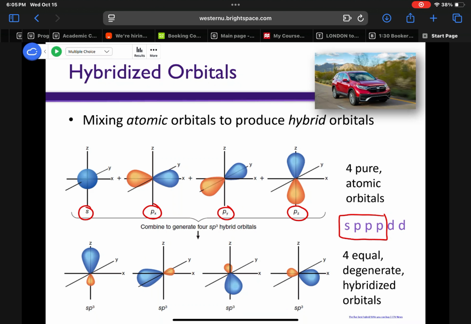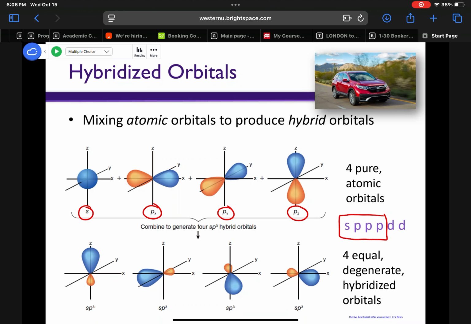They're all the same, and we know that regions of electron density try to get as far apart from one another as possible. So these are going to orient themselves in 3-dimensional space in a tetrahedral arrangement. So let's imagine here, and here, and here, and so on. We have 4 hybridized orbitals that are going to be as far apart from one another as possible, which means they're going to have a tetrahedral arrangement.